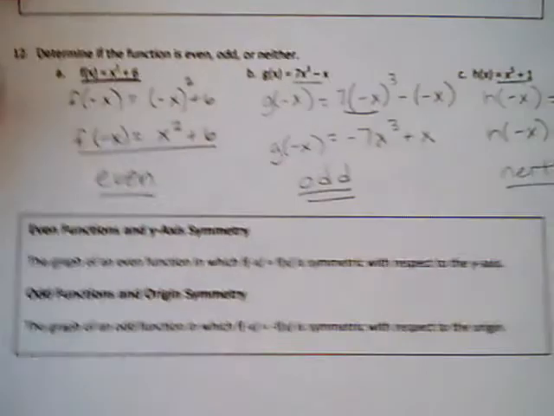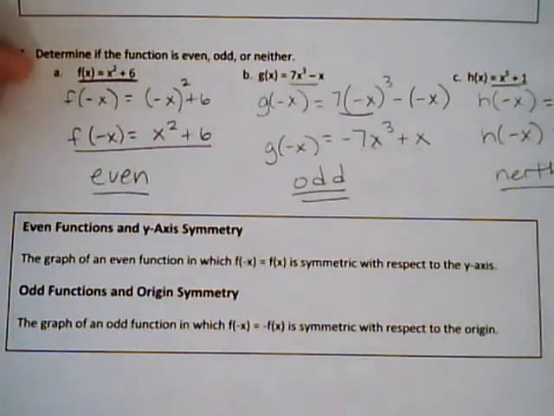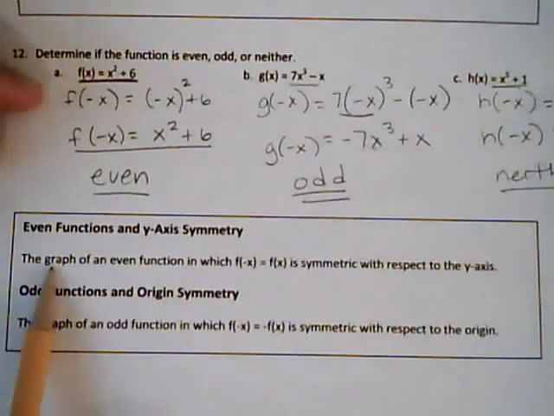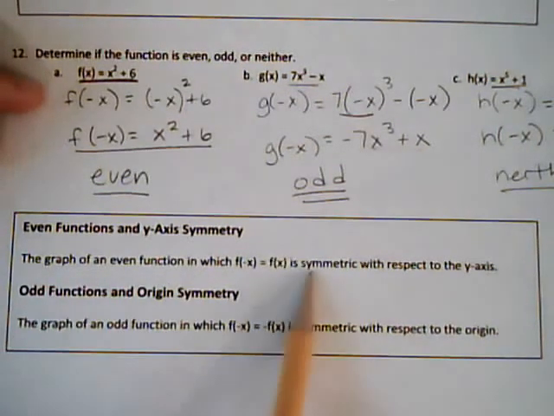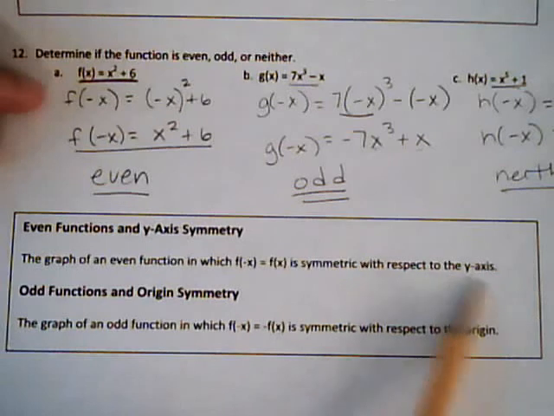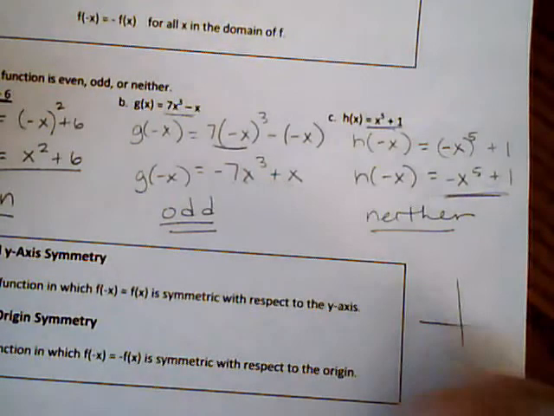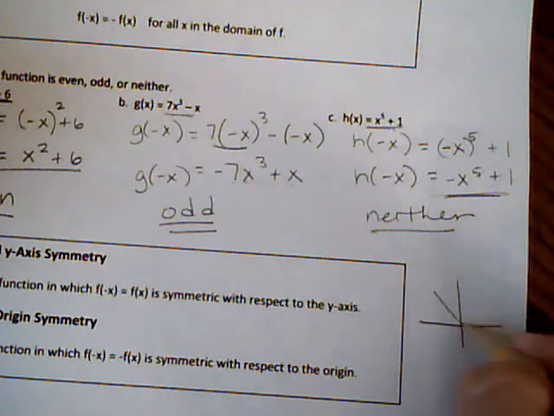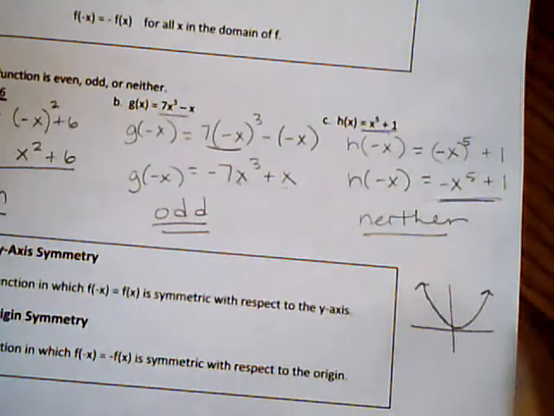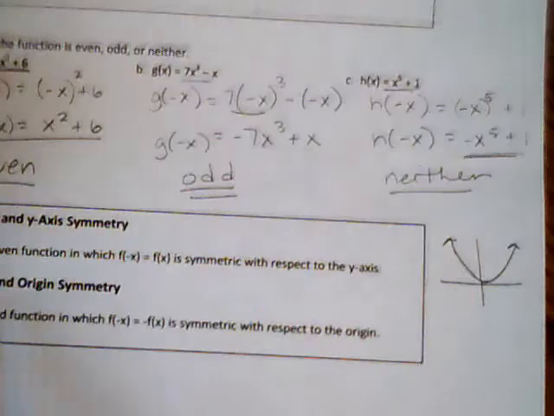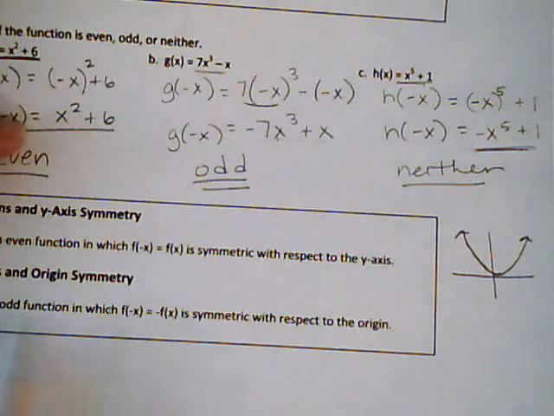If you look at the last box, it says even functions. The graph of an even function is symmetric with respect to the y-axis. An example of that would be a parabola. If we drew that exactly, this function would be symmetric about the y-axis, so this is an even function. Odd functions are symmetric with respect to the origin.